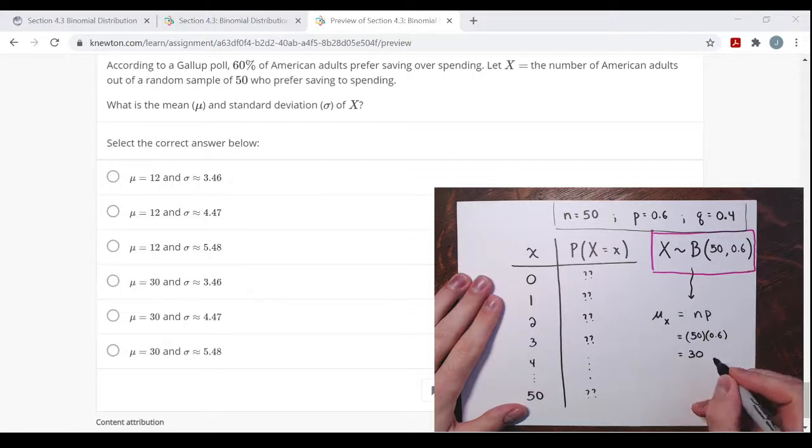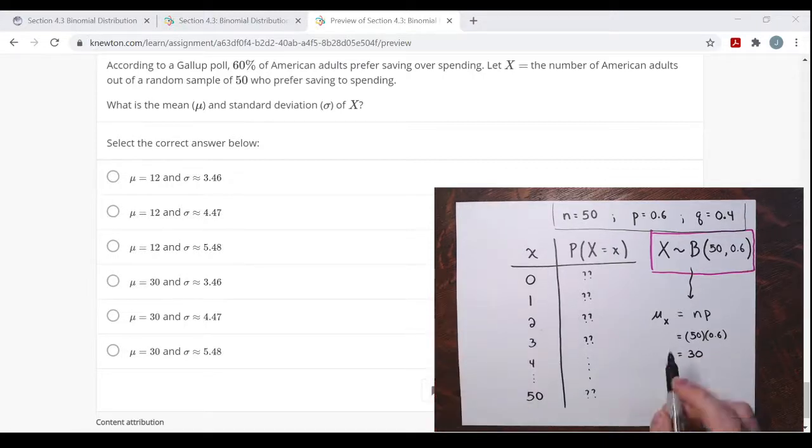Now remember what the mean was. It was a long-term average, meaning if I took 50 people over and over and over again and figured out how many of them prefer saving to spending, the more and more I did it, the average would get closer and closer to 30. So if the first time I took 50 people, say 25 of them preferred saving to spending, so I got 25.